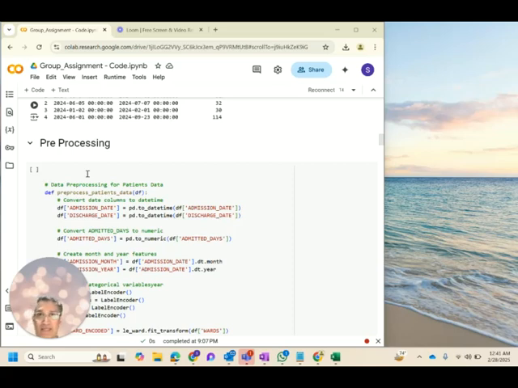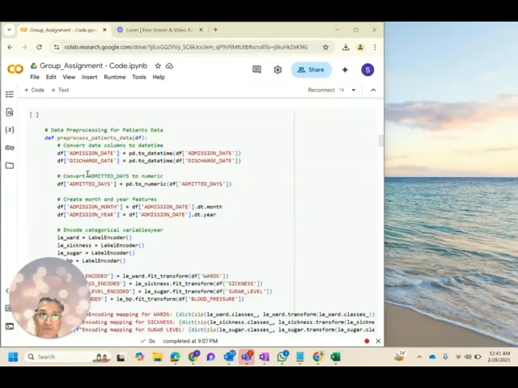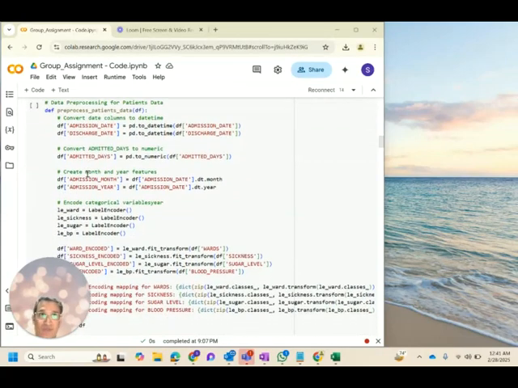Categorical variables like sickness, sugar level, and blood pressure are encoded into numeric values by using label encoders, making the data suitable for machine learning.